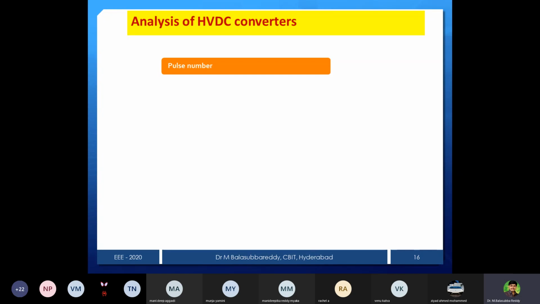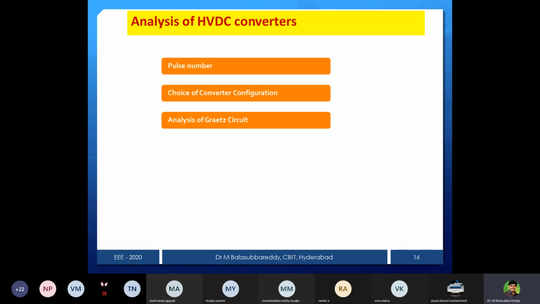All these things will be discussed in this pulse number area. And the choice of converter configuration: how the valves are connected in the arrangement, how many valves are in series and how many are in parallel, and what the sequence is. All these come under the choice of converter configuration, and the peak inverse voltage can also be derived there.